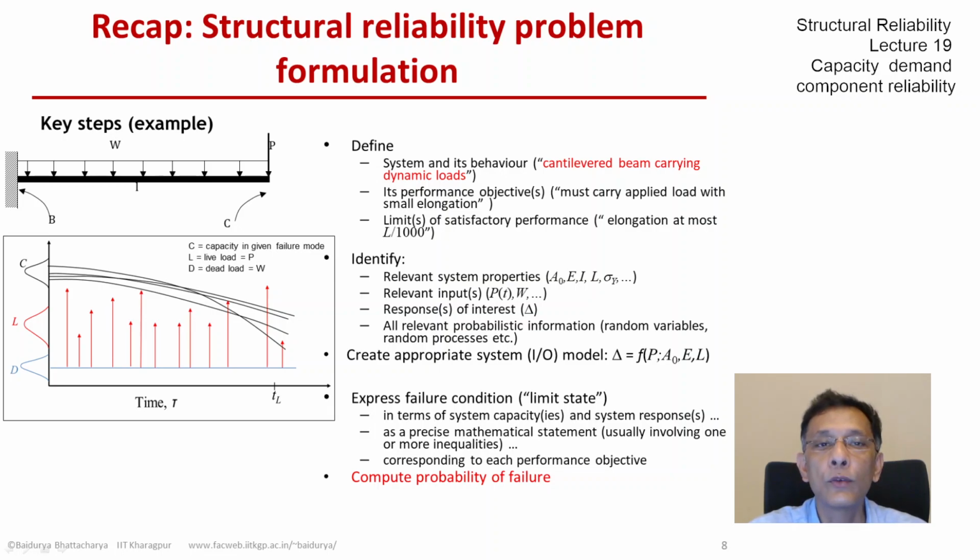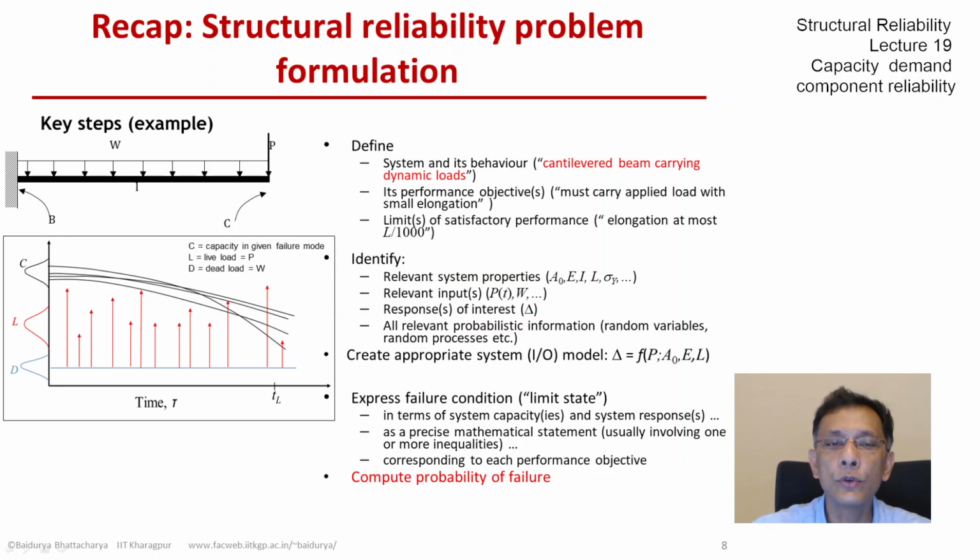So likewise, here we have the system: the beam should be able to carry the applied load with small deflection, and we may decide to keep the limit the same as before, the length divided by 1000.